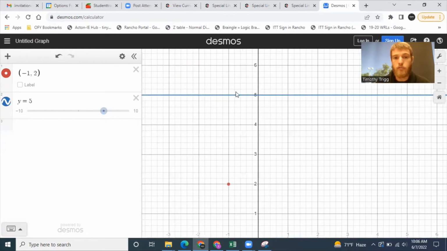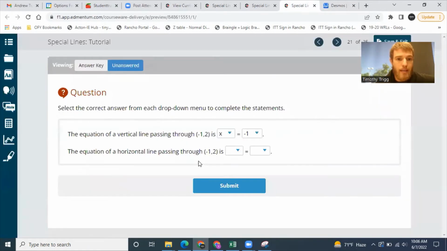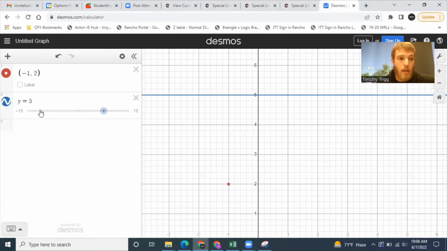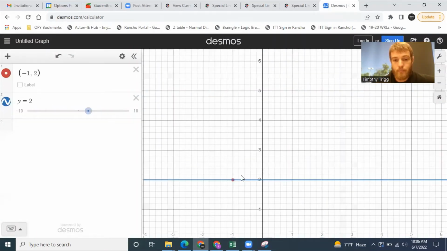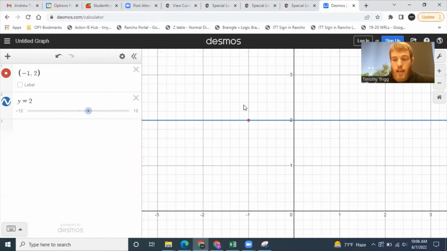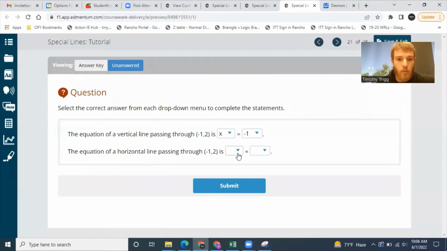So y equals 5, horizontal line through the y value of 5. All right. Now, if I wanted to go through the point (-1, 2), here I'll just put y equals 2. So notice now we have a horizontal line that's going through (-1, 2). So y equals 2 is what we're looking for here.